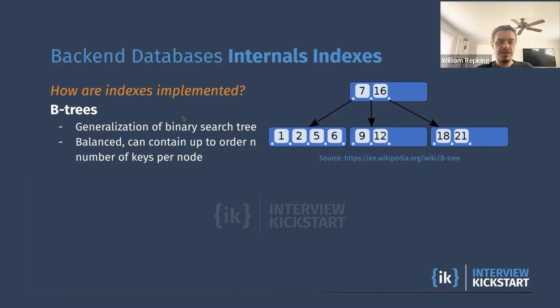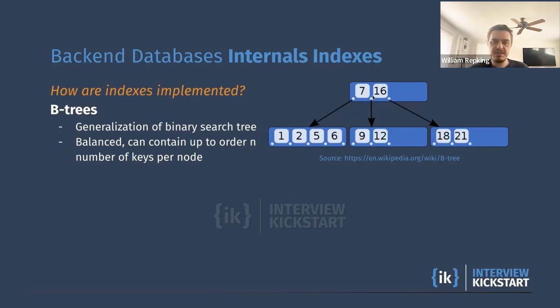So a B tree, like a binary search tree, is balanced, but it's different in that each node can contain up to order n number of keys. Here, it looks like we could point out to 5 different places, so we're going to call this an order 5 tree.